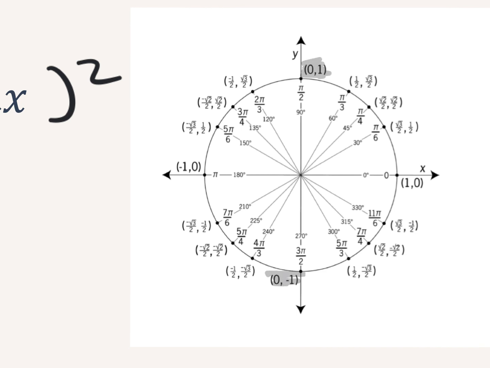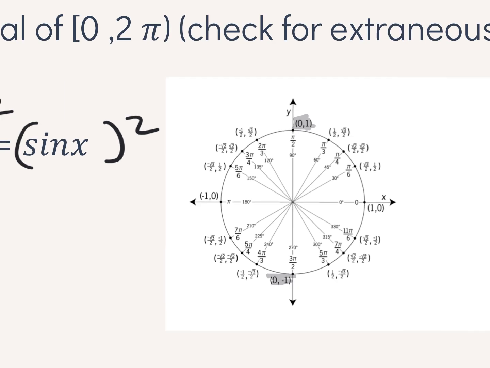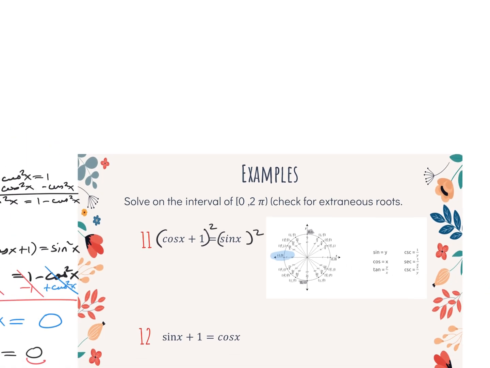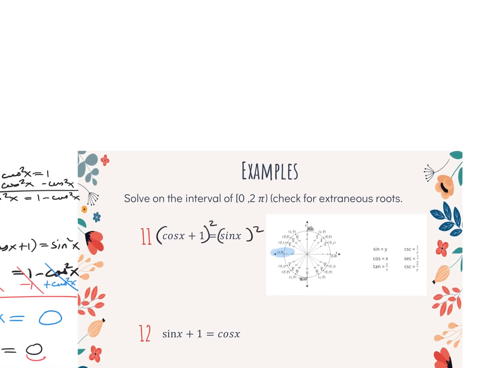So at pi over 2 and 3 pi over 2, if it's radians, or it's 90 and 270 in degrees. And then the other one was where x equals -1, and that one's going to be right here at the pi. Let me go ahead and write those down.